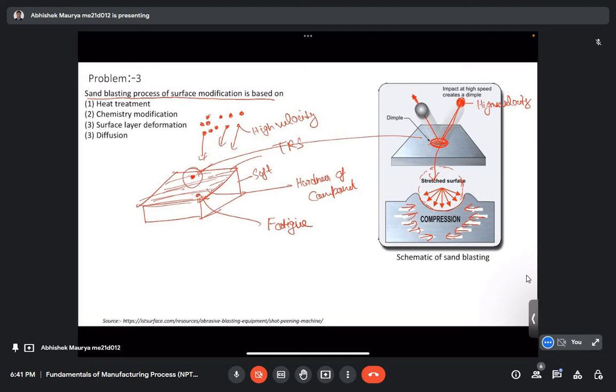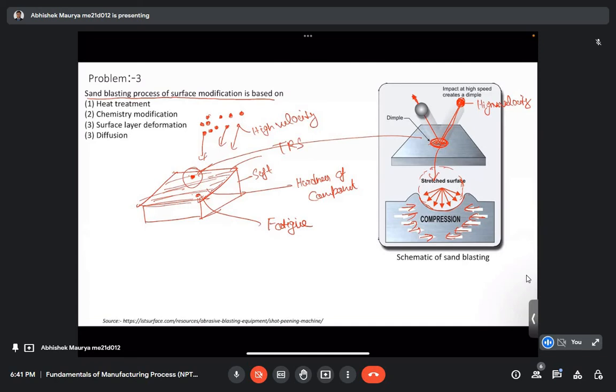We know if a component has tensile residual stress, then it has a tendency for distortion. Why? Because during cyclic loading cracks get nucleated on the surface, and if it has tensile residual stress, it is very easy for cracks to move forward and the component fails.